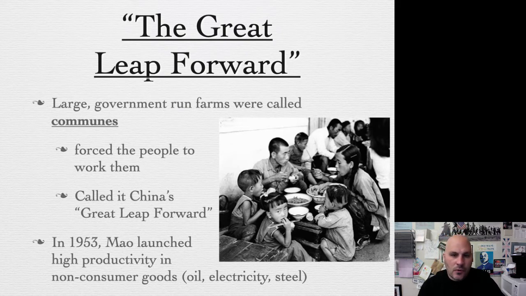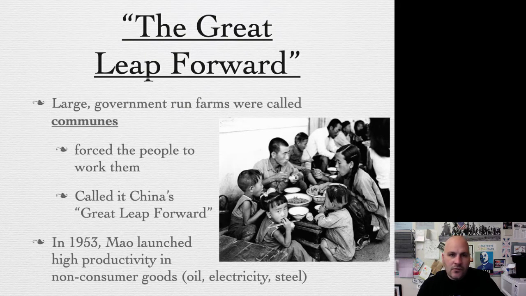And so we want to write down the term communes under the Great Leap Forward. Communes are these large government-run farms. And I mentioned in the previous slide that the Chinese people were provided jobs, right? Well, these people were forced to work on these giant government-run farms. And you're going to see in the video that these people wanted to please the chairman.